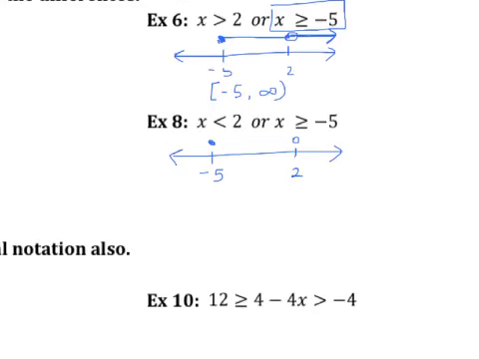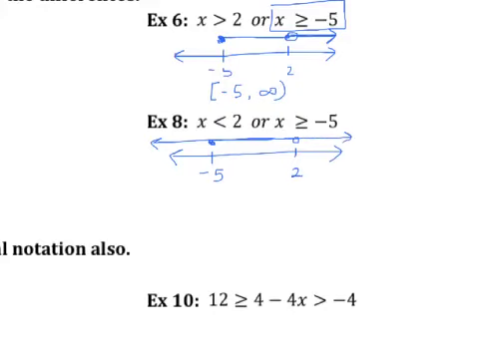Okay, so last one with changing all the conditions. So x less than 2 takes us this way. Or x greater than or equal to negative 5 takes us this way, and it shoots straight through that 2.